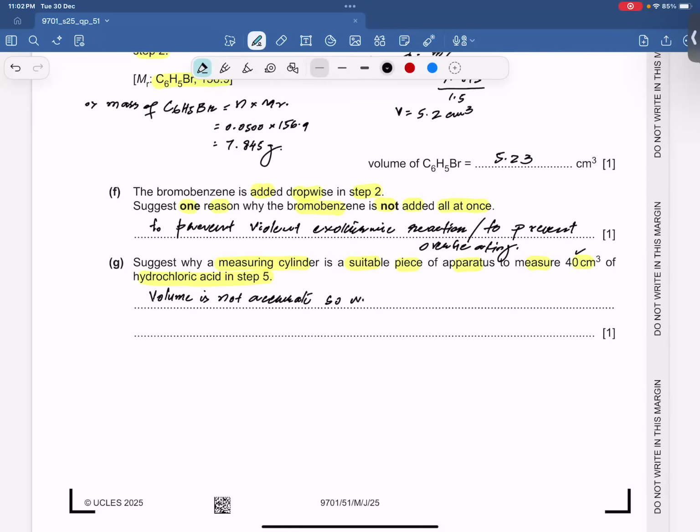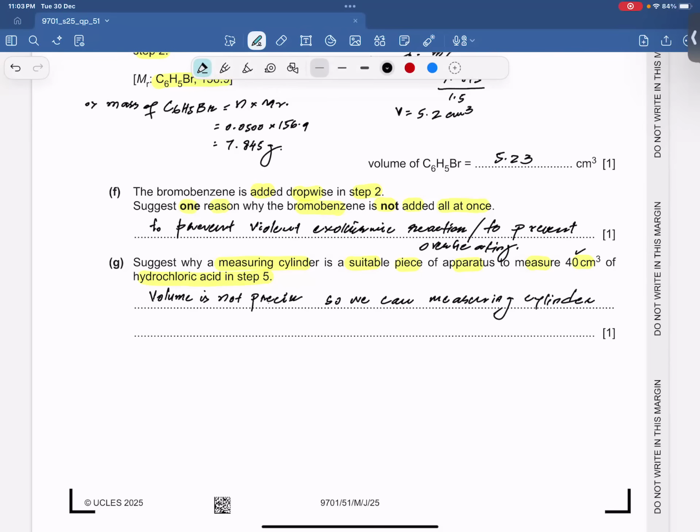So we can use measuring cylinder. So the volume is not precise technically. Not accurate, that term is not good. Not precise. So we can use measuring cylinder. And why the volume is not precise?